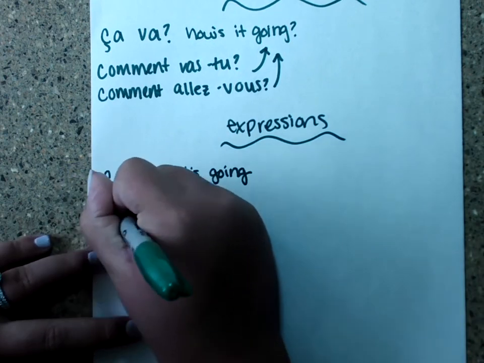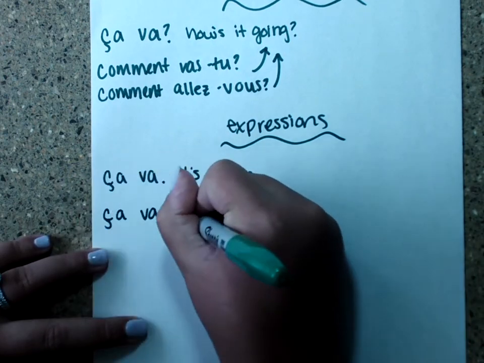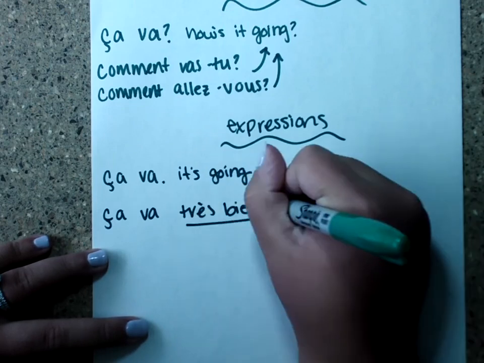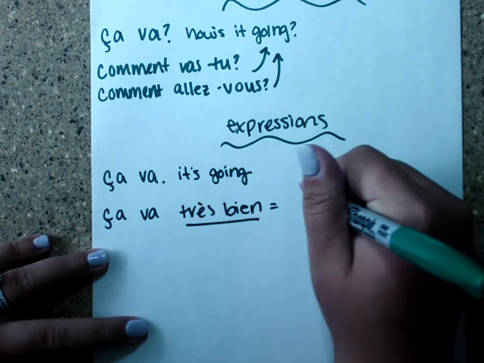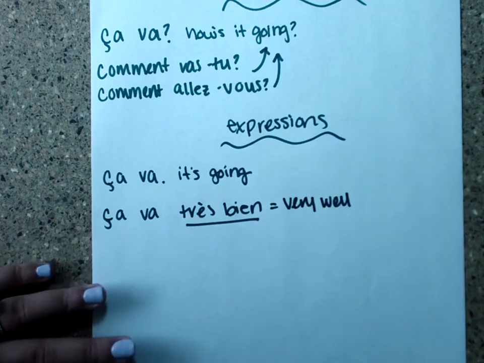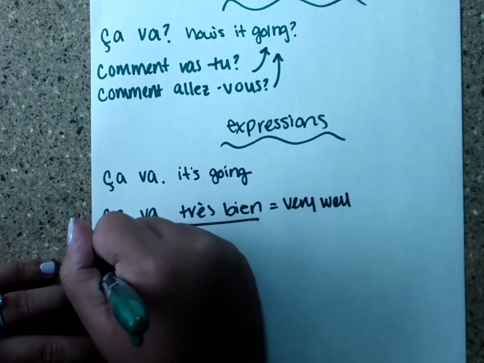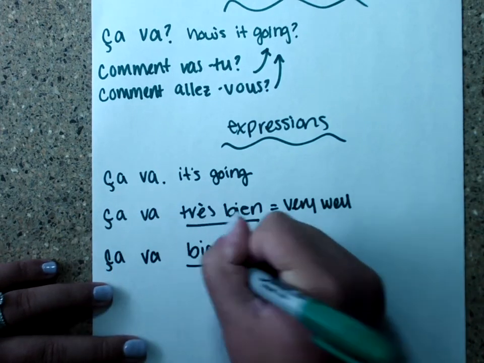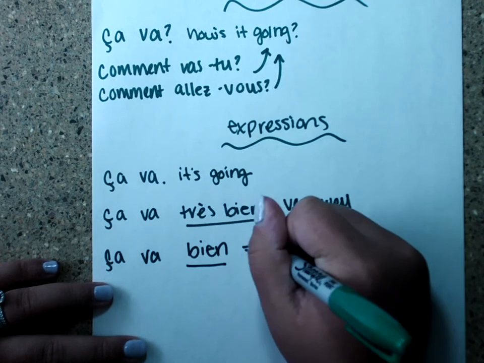Next, we have ça va très bien. And this is your key part. So ça va très bien means it's going very well. Like I'm doing really well. Ça va bien means I'm doing all right. I'm doing good.